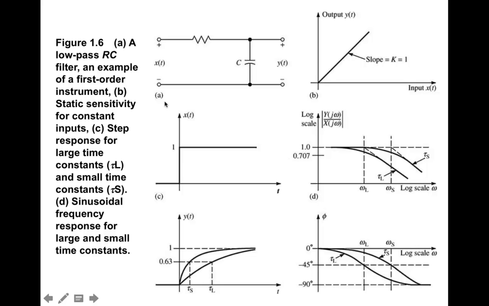So that's an example of a first order system. And so not only do you have your static sensitivity for when you have DC inputs, when you have temporal inputs, you have this combination of frequency response, which is a steady state thing, as well as temporal response, which means that you're limited in how quickly the instrument can respond by the time constant.